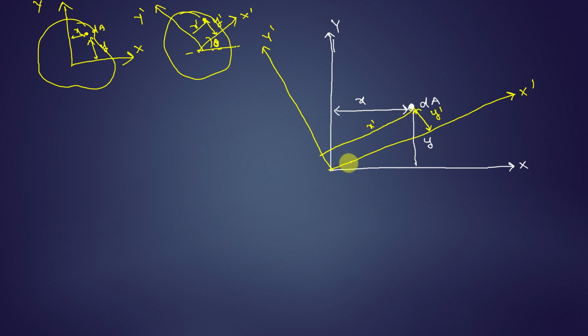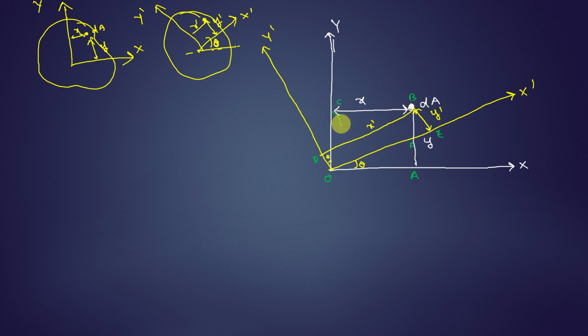So what should I do now? Let me say that it is shifted by some angle theta, and also let me put some points over here. Let me take another color again. So this is O, A, B, C, D, E, F. Wherever the intersections are, I put points.